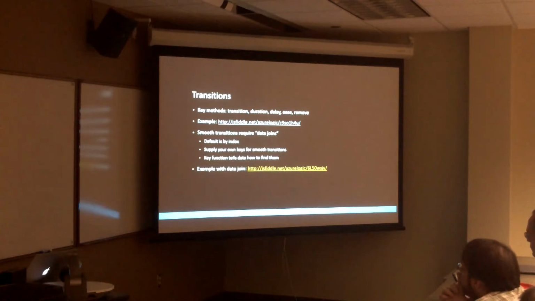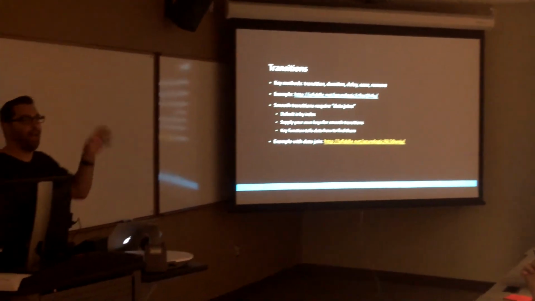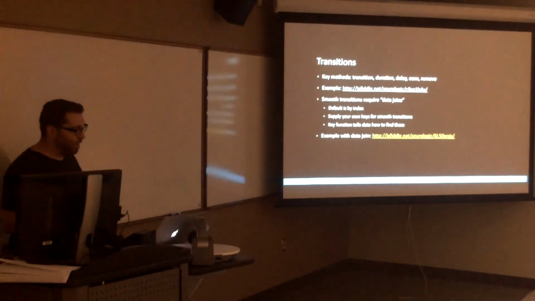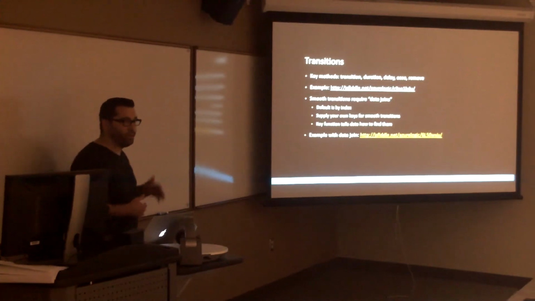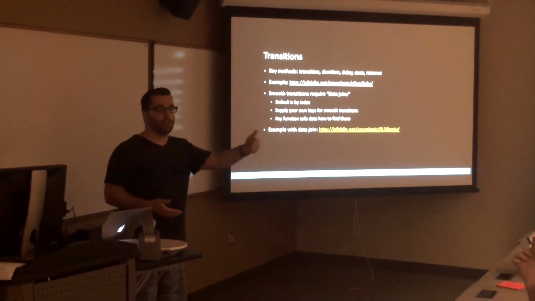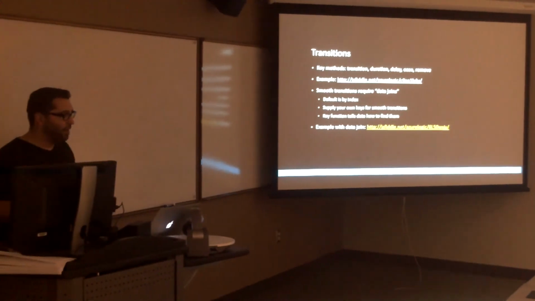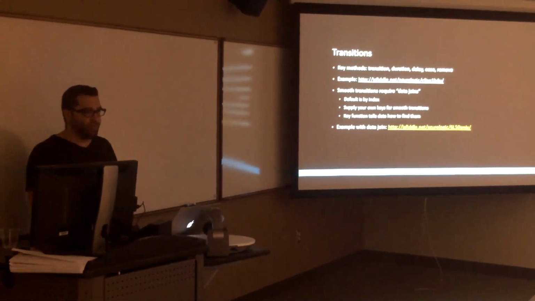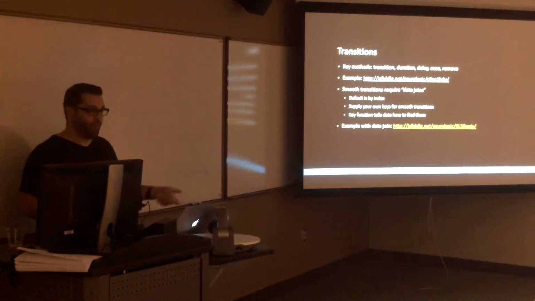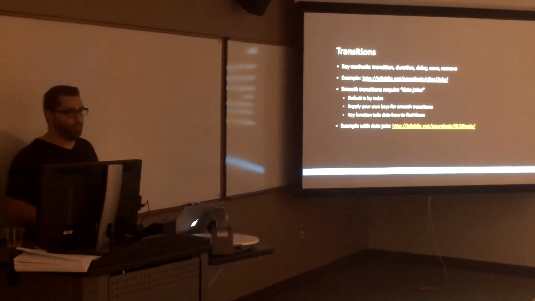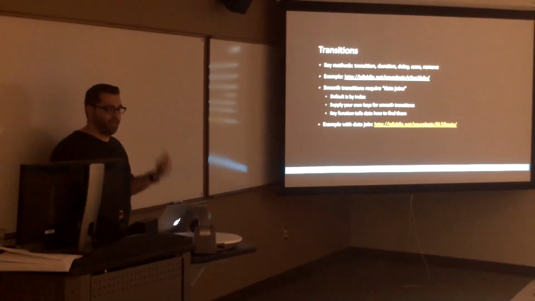And that means essentially a way to be able to track the data as it moves around. The default method of doing the data join is on the index in the array, the index that we were binding in. If we supply our own keys for identifying which one is which, then we can enable smooth transitions, and we do that through a key function.